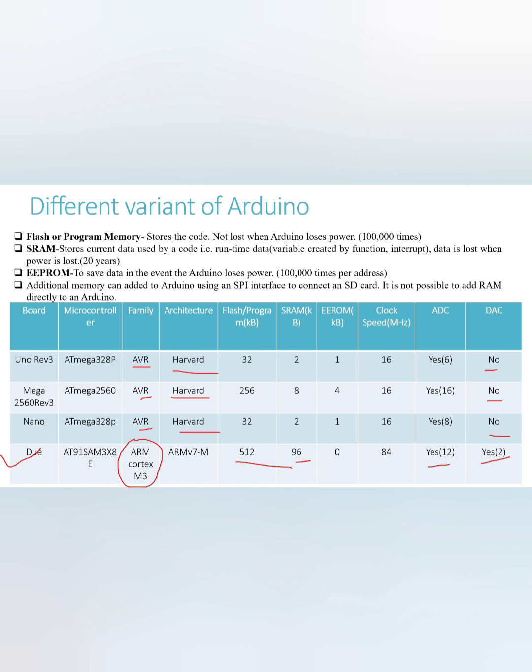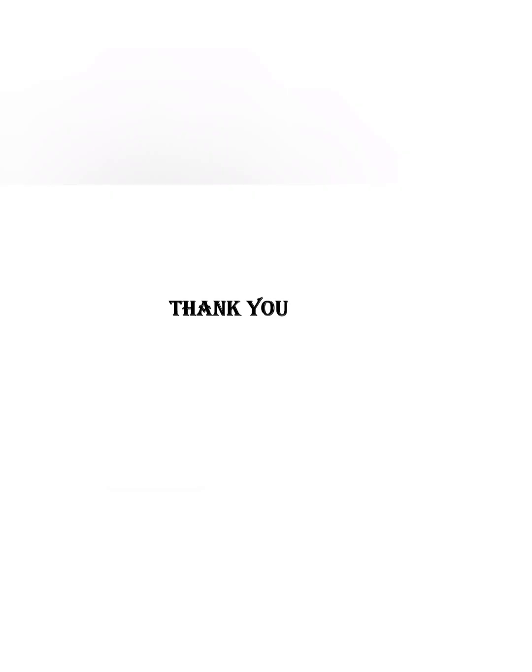Due belongs to ARM Cortex M3 with 96 KB SRAM, 512 KB flash, clock frequency 84 MHz, and DAC and ADC. Thank you.